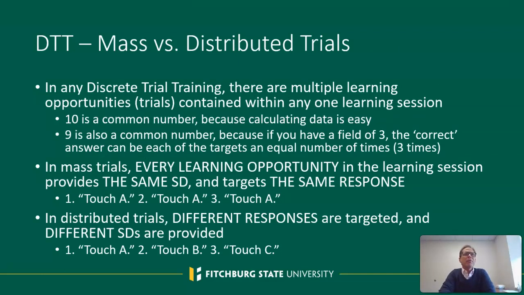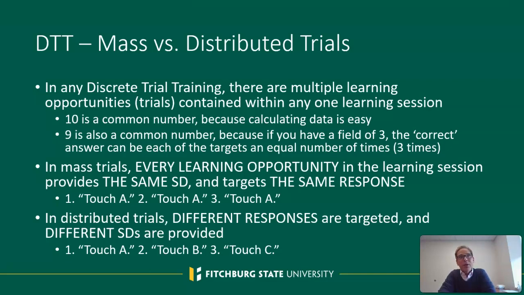So there are a couple of different kinds of discrete trial training. We can talk about mass trials as opposed to distributed trials. So in any situation where we're using discrete trial training, there are multiple learning opportunities or trials contained within any one learning session. And there's no magic number as far as what the right number of trials are.